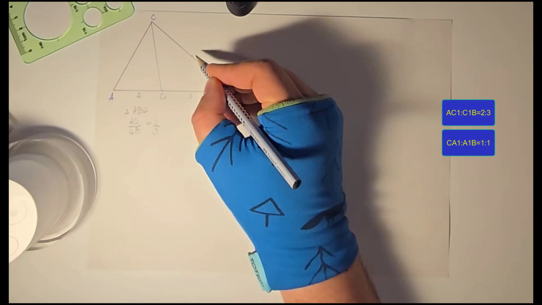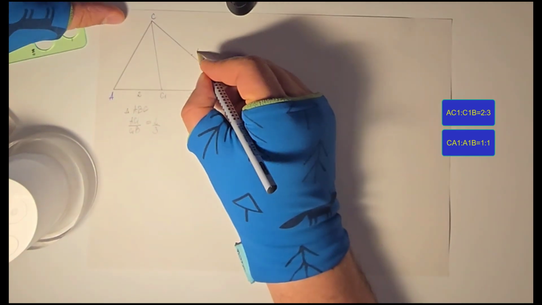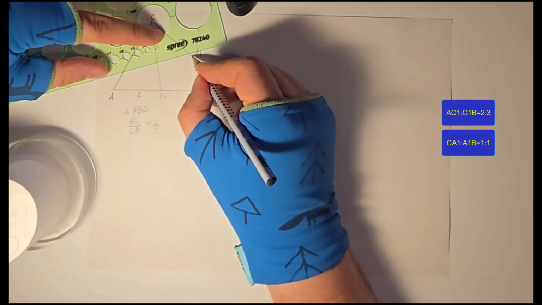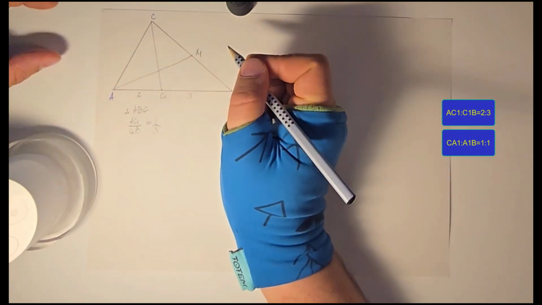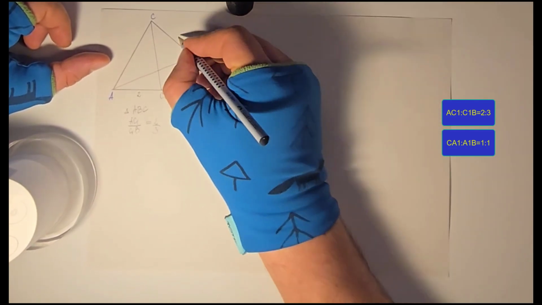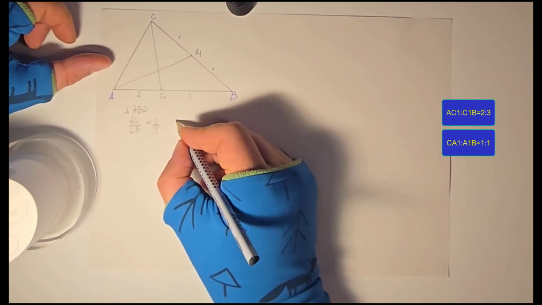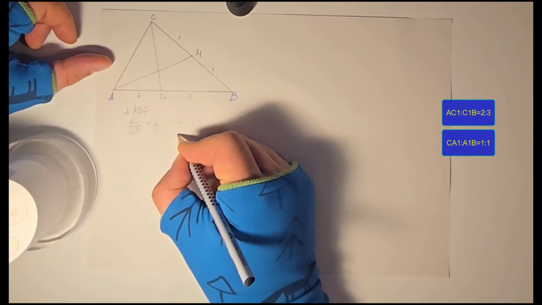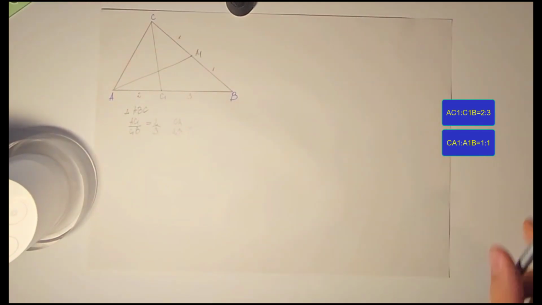And CB has another point called A1, and this point splits CB into 1 to 1, so we write this one as CA1 to A1B equals 1 to 1. So this is a median.